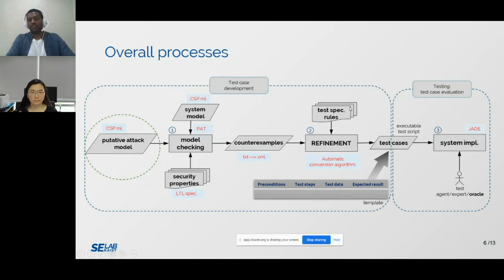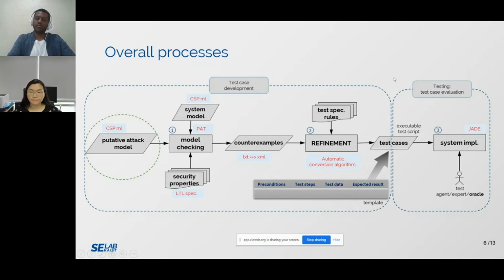For that purpose, we defined an algorithm to convert counterexamples into test cases with a template: preconditions, test steps, test data, and expected results. And then we have the test case.